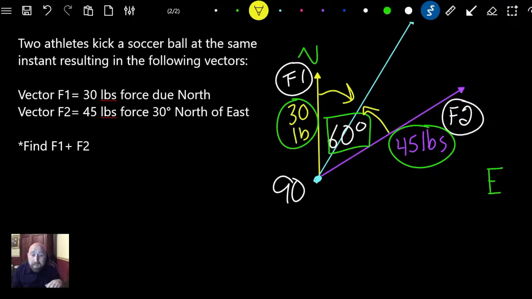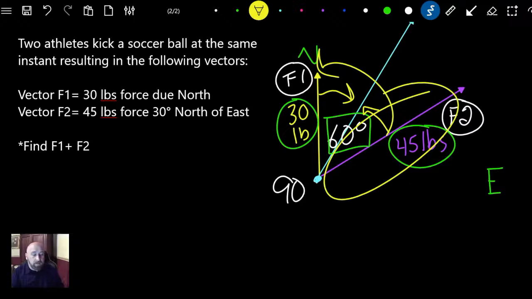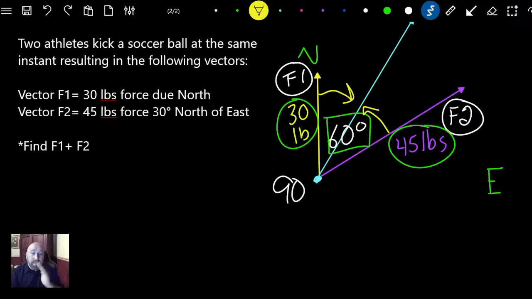Okay, so you can't just take the purple line and add it to the yellow line and say, okay, there we go. You have to take the yellow line in and the purple line in, so you have to adjust them, and that's what we're doing. That's the resultant, is this line right here.